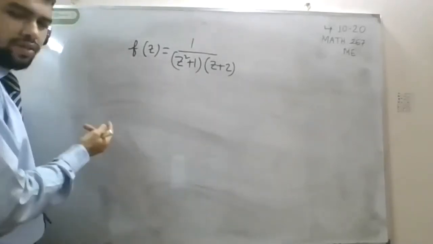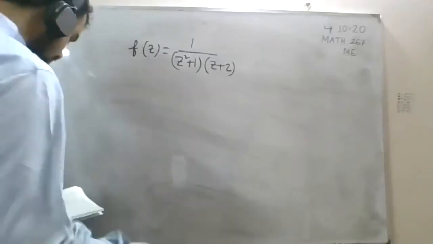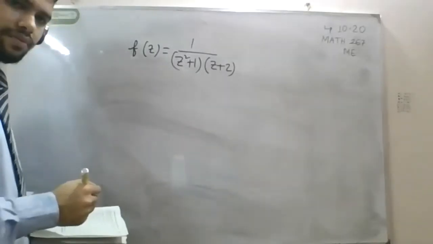So what do we have to do? Please tell me. ax plus b divided by z. Yeah.